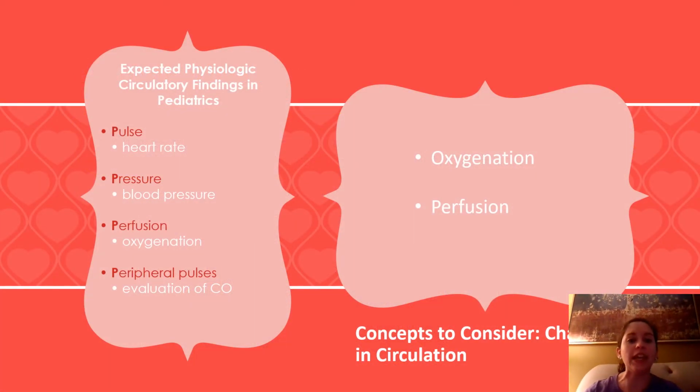So before we get into the nitty-gritty of all of our defects, there are a few things that I want to set the table with first. First, our heart is really important to our oxygenation and to our perfusion. If we have a decrease in perfusion, this can be related to our heart not functioning correctly.